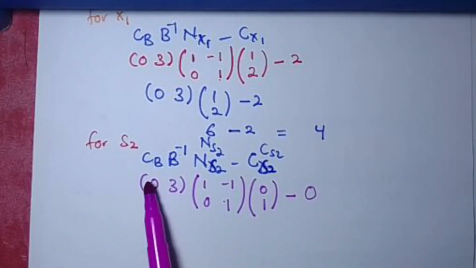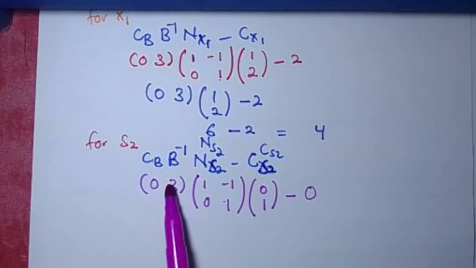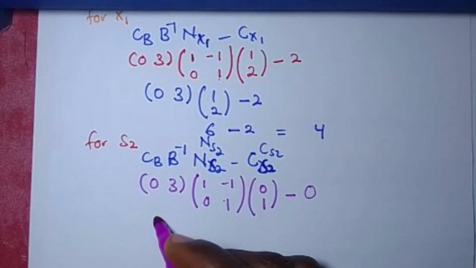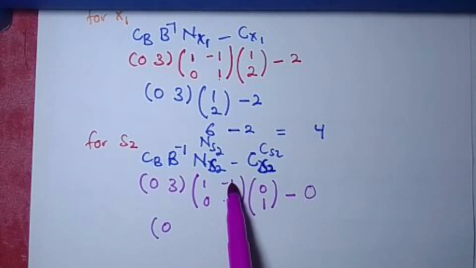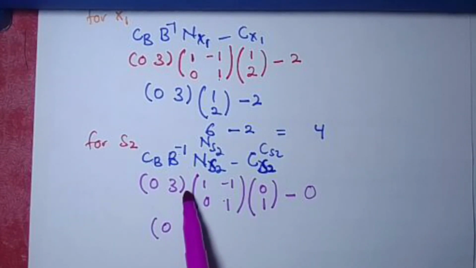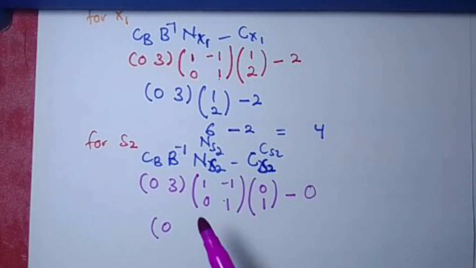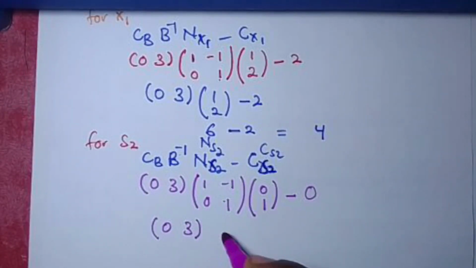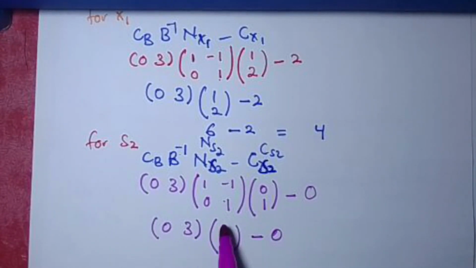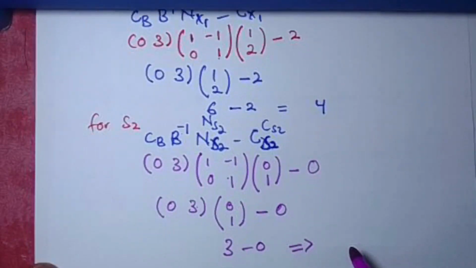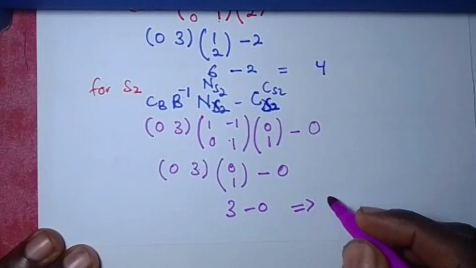From that we shall have 0 times that plus this times that, which gives us 0. 0 times negative that is 0, plus 3 times 1, which is 3, multiplied by 0, 1, and we are subtracting from it a 0. So 0 times this is 0 plus 3 times that gives us 3 minus 0, which is 3.